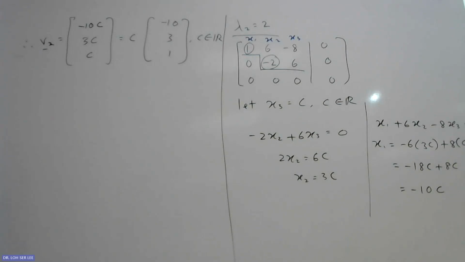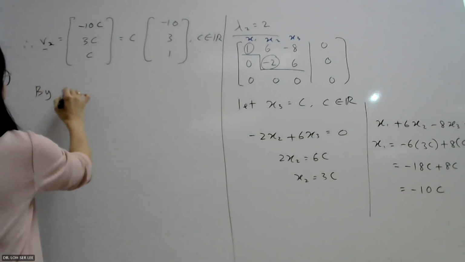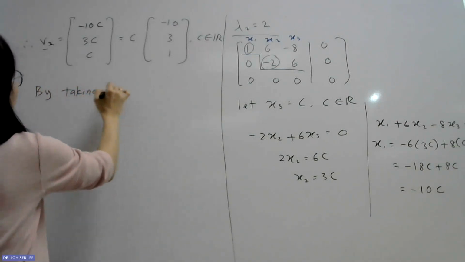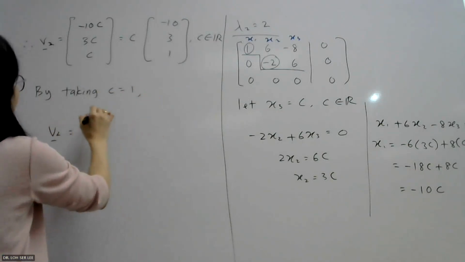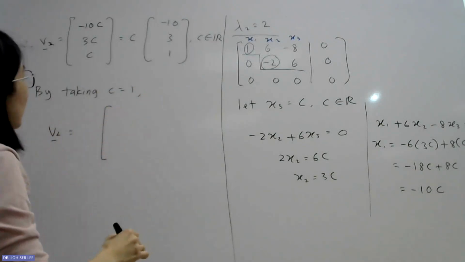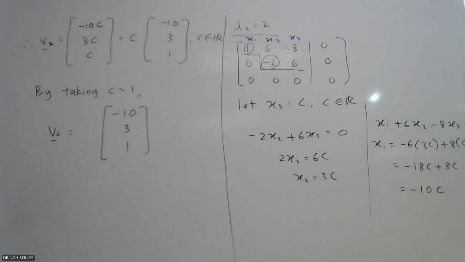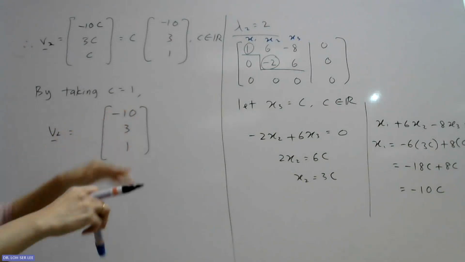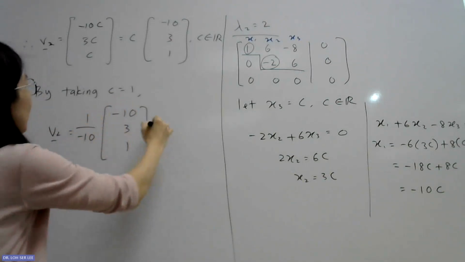So which entry has the largest magnitude? Which entry? This one, right? This has the largest magnitude, negative 10. So we need to divide all this by negative 10.